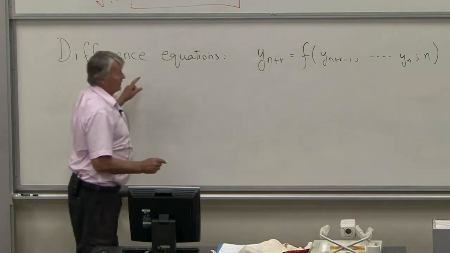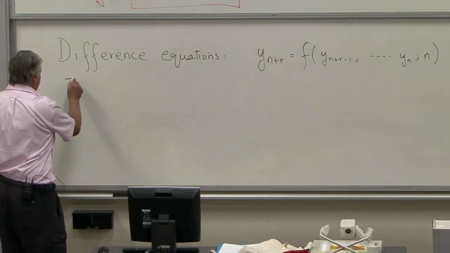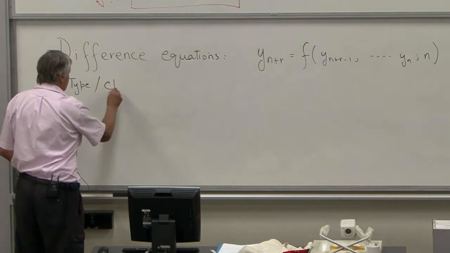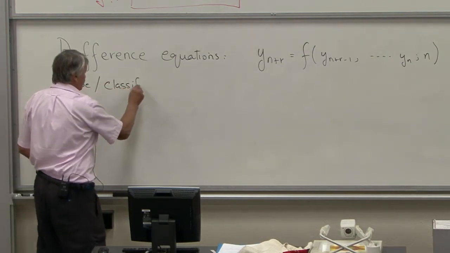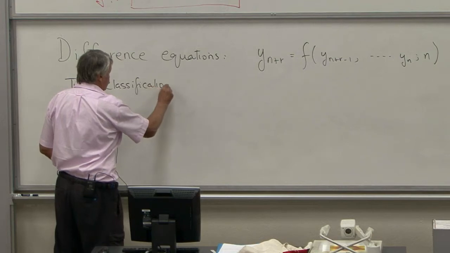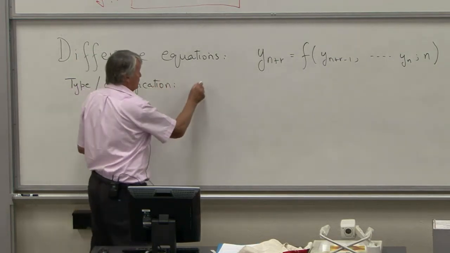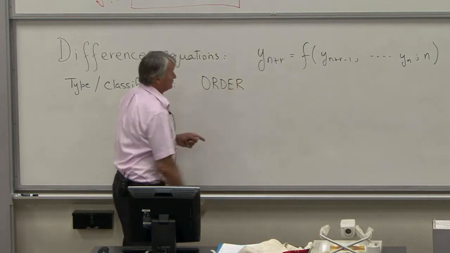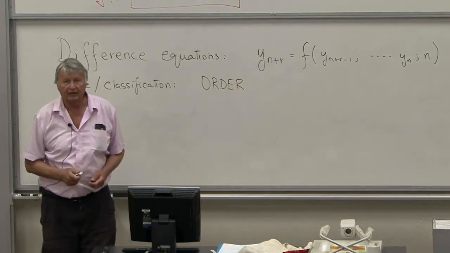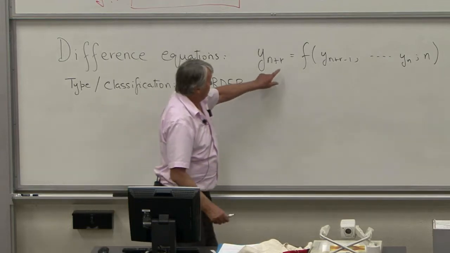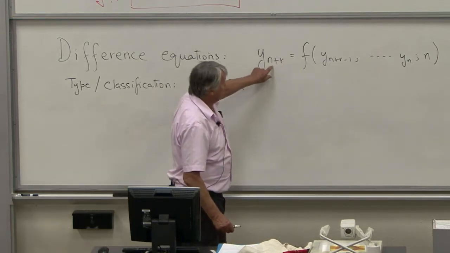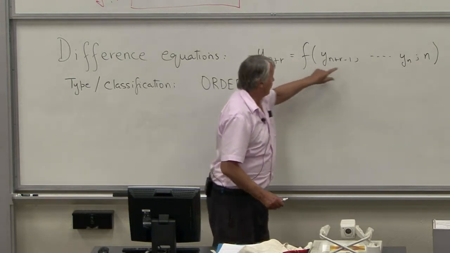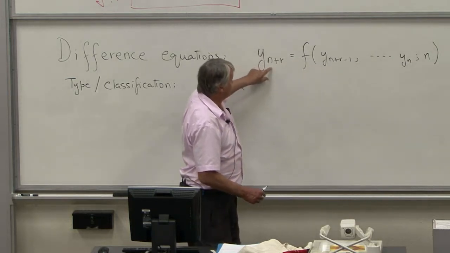So again, we have the notion of type and classification. The first classification is order. The order is the number of points which are connected with each other.